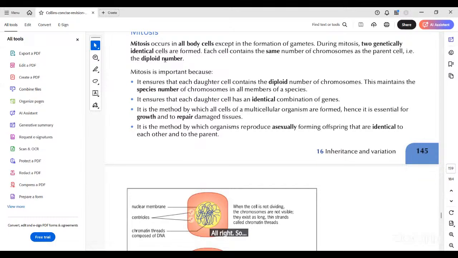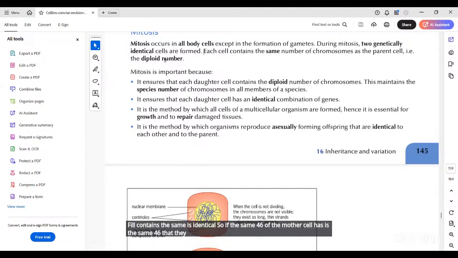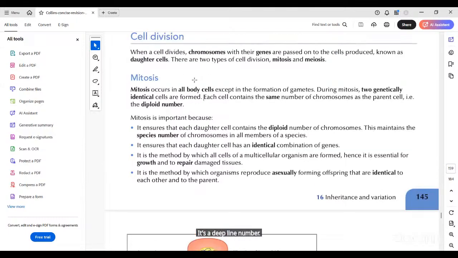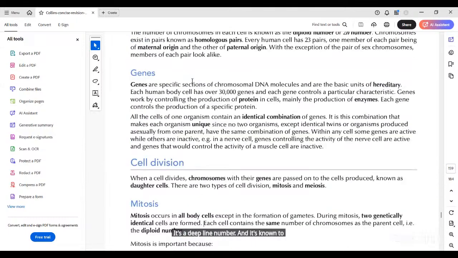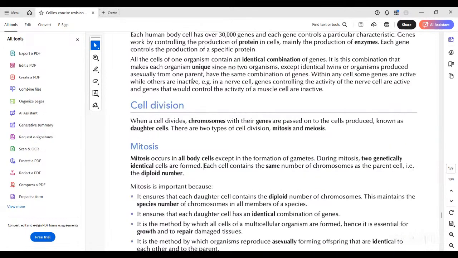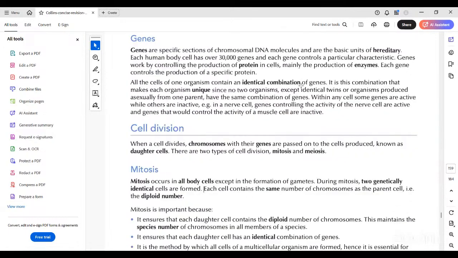So if the mother cell has 46, the daughter cells will have the same 46. It's a diploid number, known as 2n.